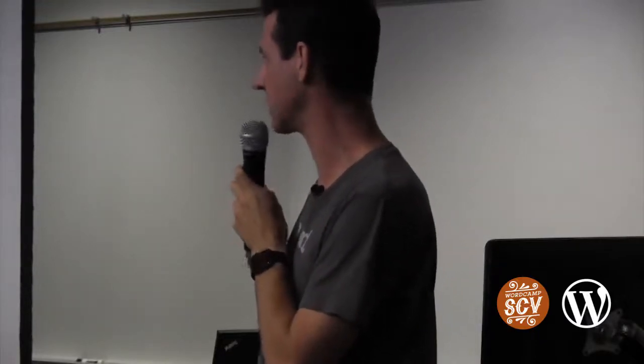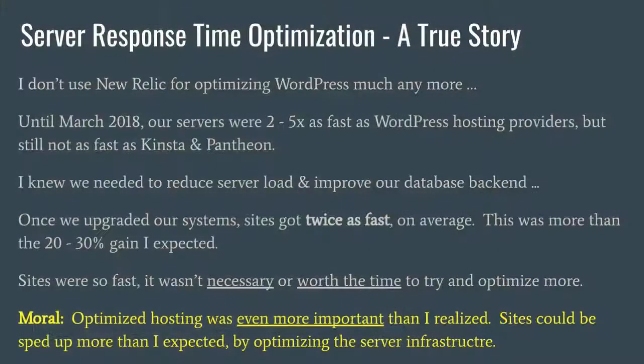But then we upgraded our servers, and things got twice as fast. That was even more than the 20-30% gain I expected. Sites were so fast, it wasn't really worth the time to try and optimize them more. So, moral of the story is optimizing hosts was even more important than I realized, and I do hosting. Sites can be sped up quite a bit just by optimizing the server infrastructure.